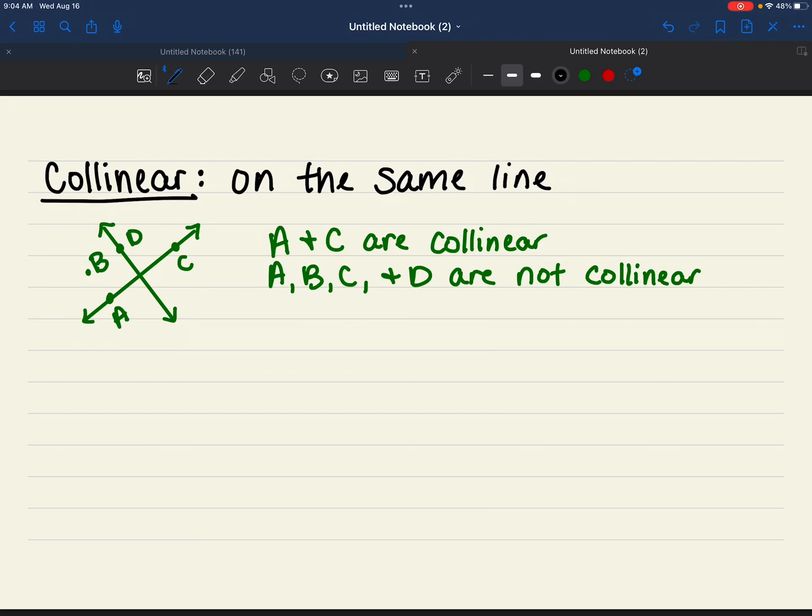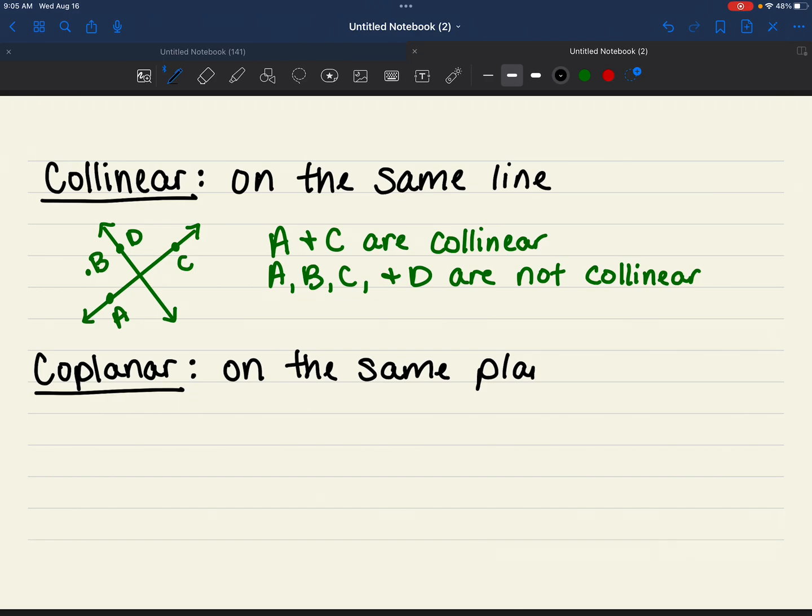Okay? So if we know collinear means they're on the same line, what do we think coplanar means? Same plane. Right?